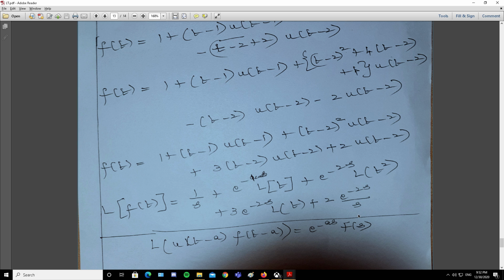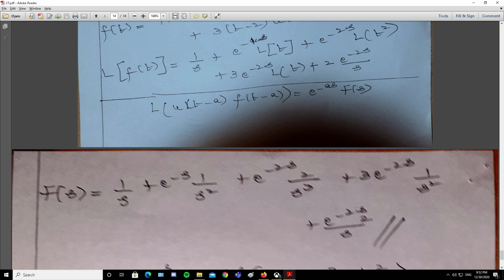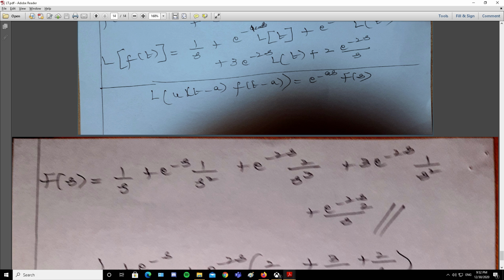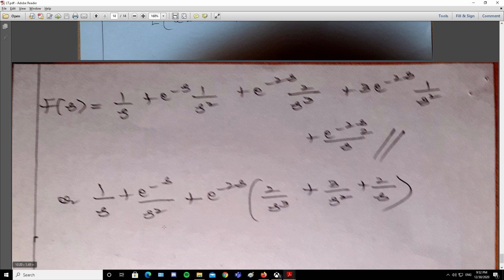So this completes the solution for this problem. So we have simplified. Then you take LCM and simplify. So we have grouped the constant e power minus s term and e power minus 2s terms. So you get this as a solution.